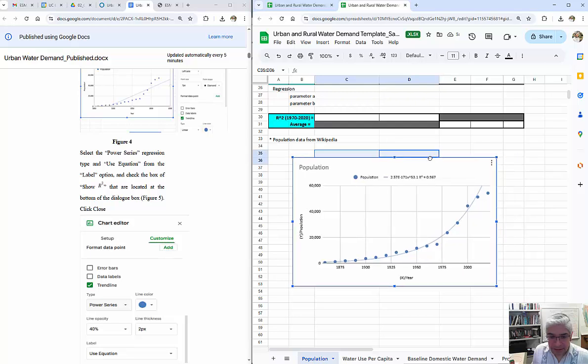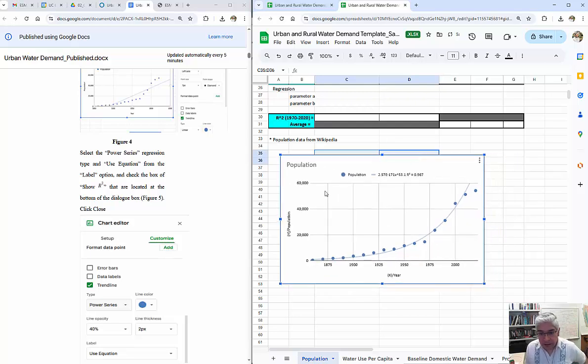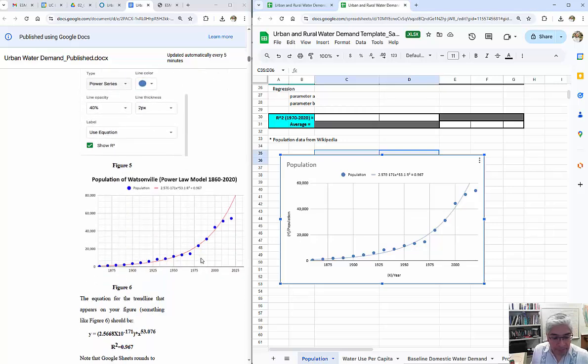What you can see here is that this is putting the equation of this power regression line and the R square. Okay, so basically that's what we have in here.